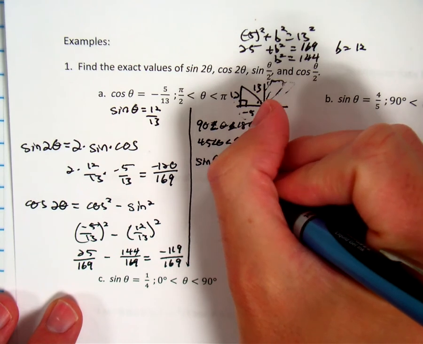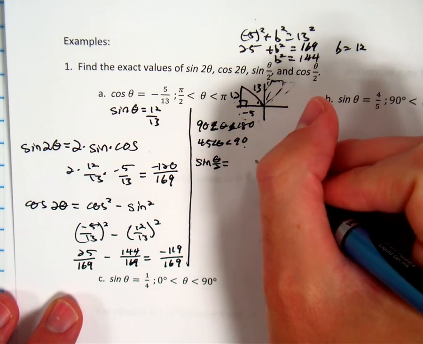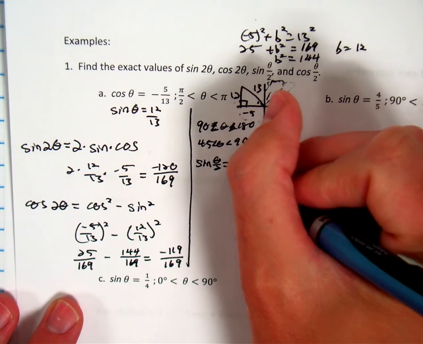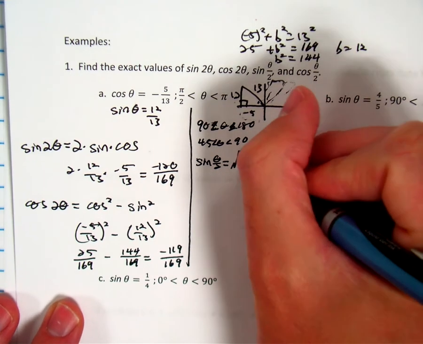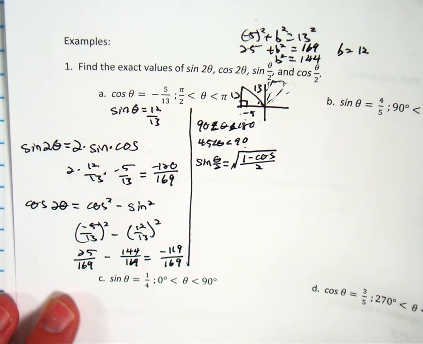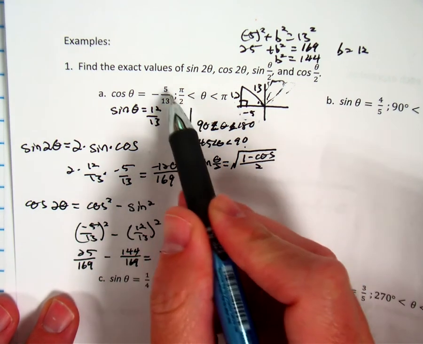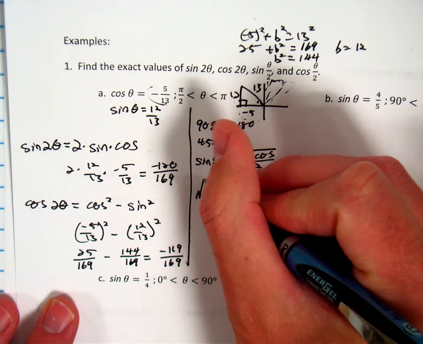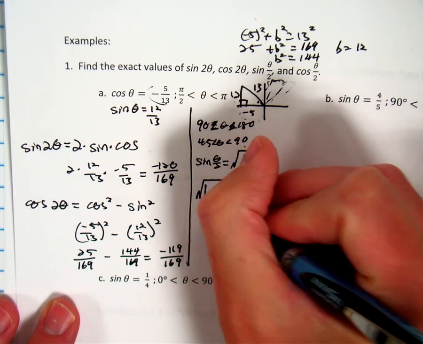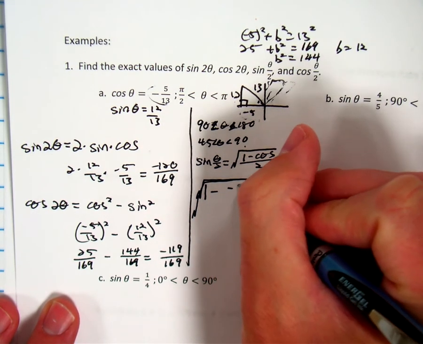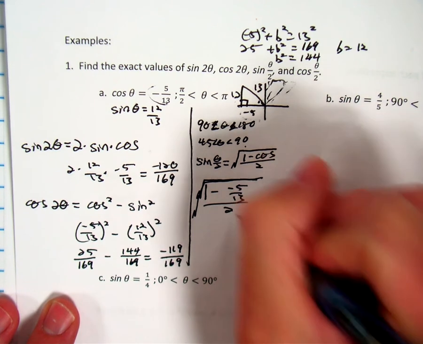Sine of theta over 2 equals, okay, we're not going to do the plus minus because we already know it's positive. Square root of 1 minus cosine over 2. Well, my cosine was negative 5/13. So the square root of 1 minus negative 5/13, over 2.